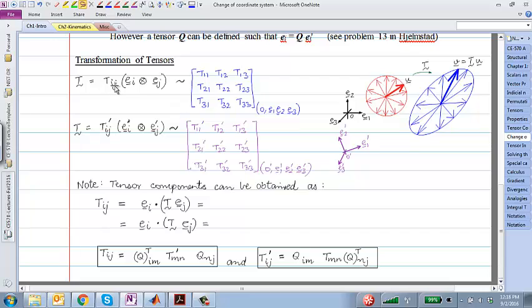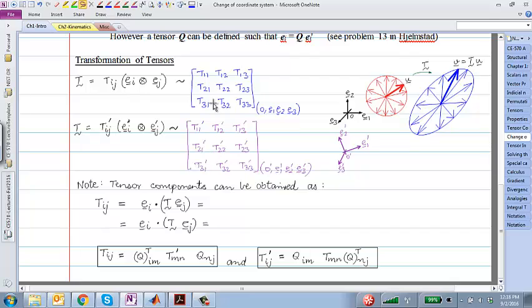So that is what is called a transformation of tensors, and that is what I was referring to when I was talking about Mohr circle being used to transform the stress and strain in 2D. But in 3D, if you have a tensor T in one basis system, E1, E2, E3, I would get Tij components, 9 components. In a different basis system, the primed system, I would get different 9 components.